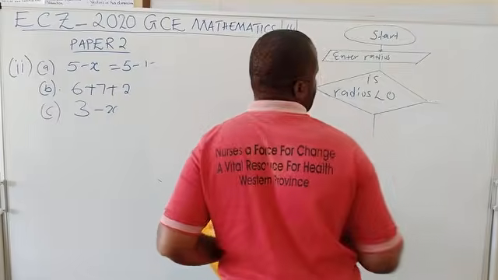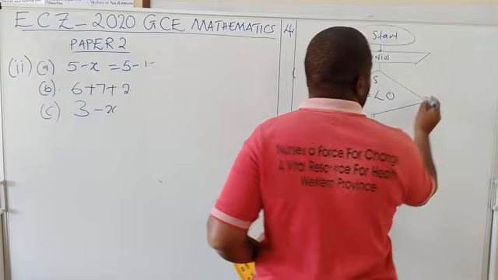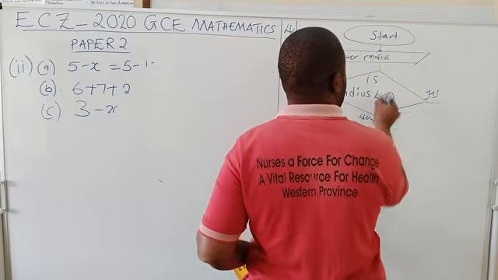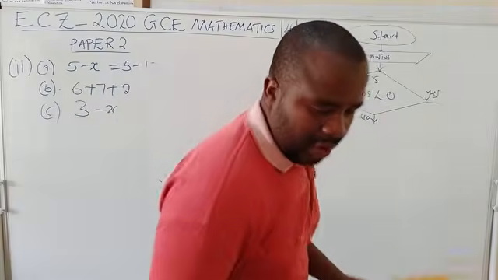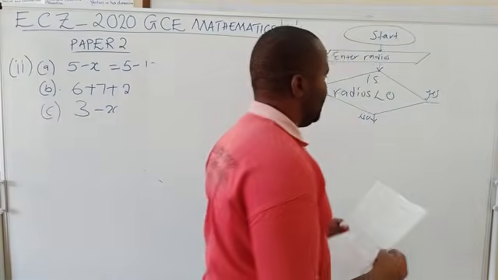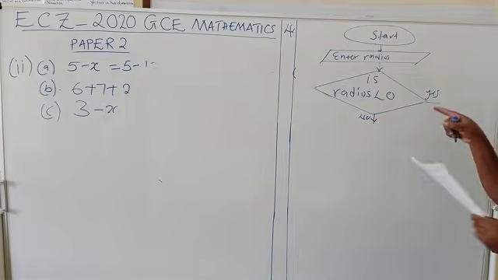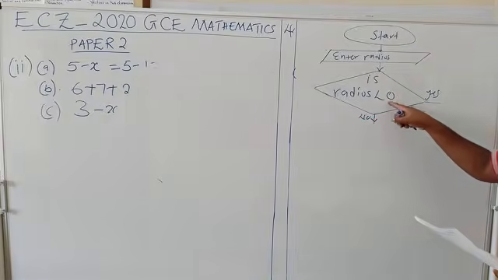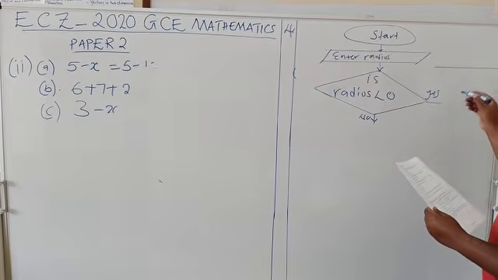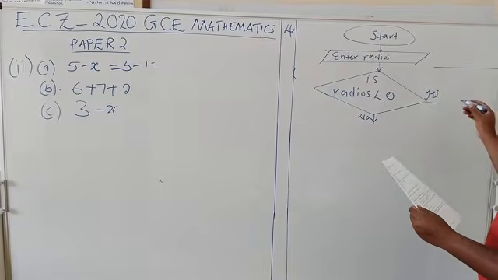So I'm going to say yes and no. If you are saying if radius is less than 0, then display error message, it means you are saying yes, it is. Is radius less than 0? Yes. So what should happen? You say display error message.